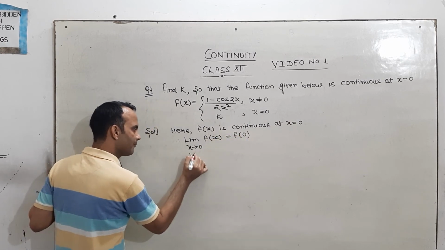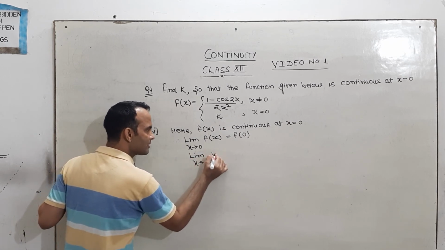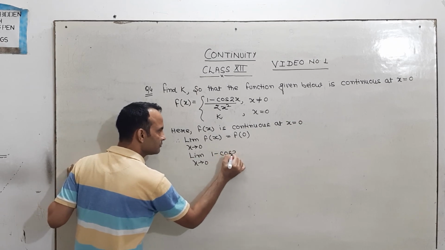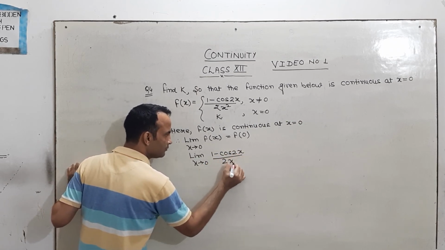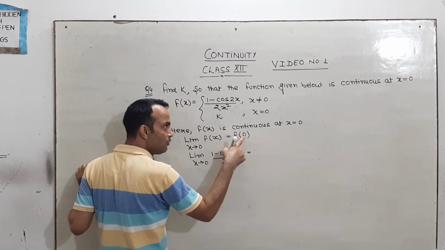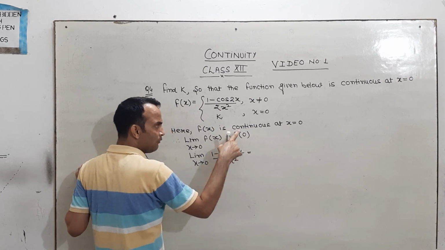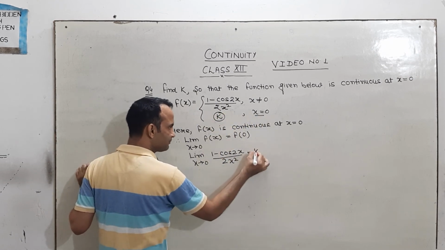Now limit x tends to 0, (1 minus cos 2x) upon 2x square. What is f(a)? Means the value of the function when x is 0. When x is 0, value of function is what? k.